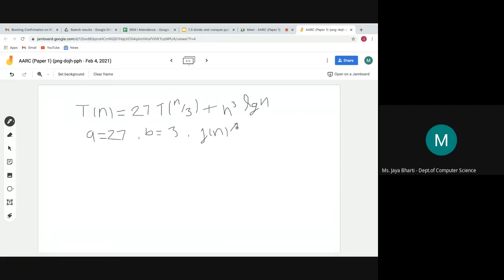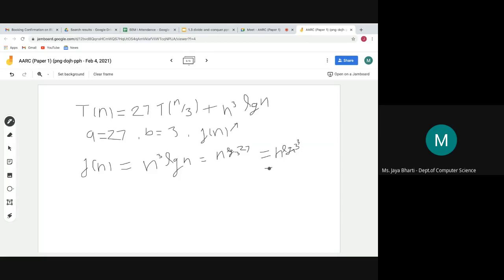Okay, so again compare f of n, which is n to the power 3 log n, with n to the power log b, sorry, log a, which is log 27 base 3. So this will be n to the power log, it is 3 to the power 3, and this is 3.